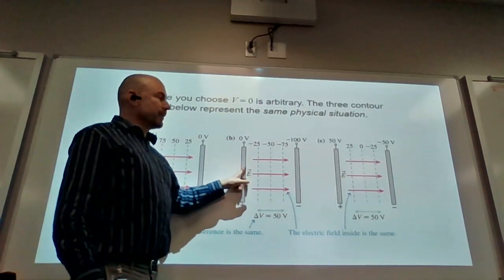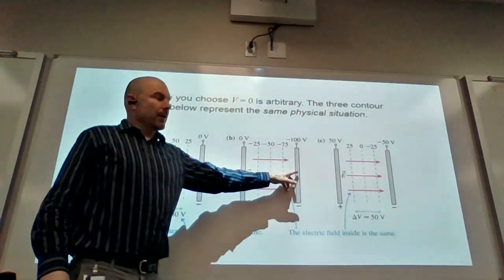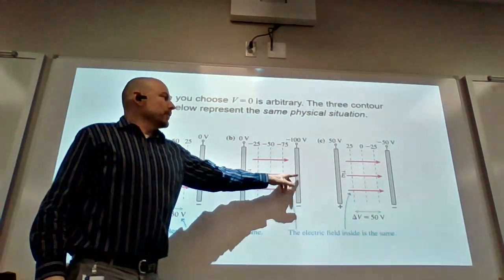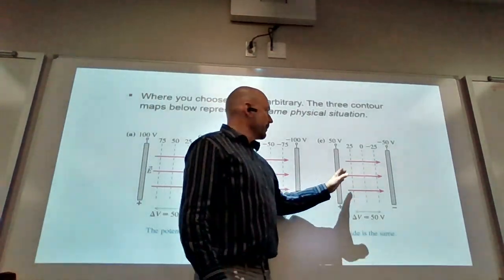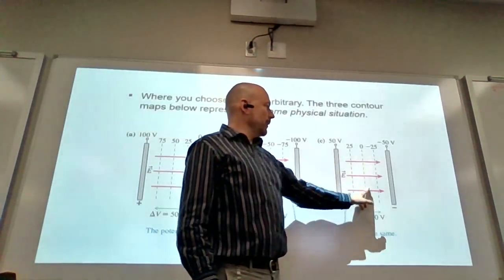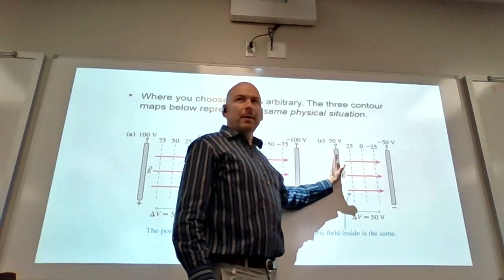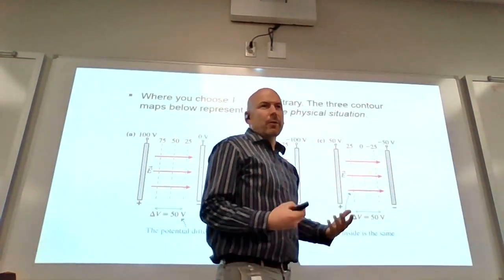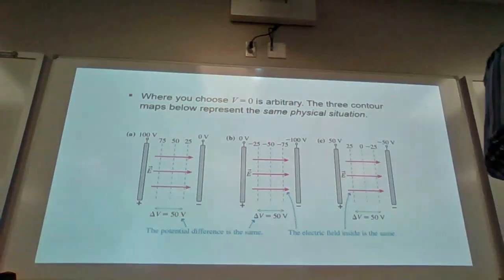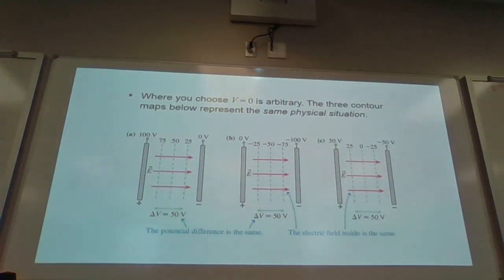Or we can make this 0 and this negative 100 volts. You can make right in between here 0, so this would be positive 50, negative 50. The important thing is the electric potential difference across the plates is 100 volts. This one's higher than that one as it goes downhill.